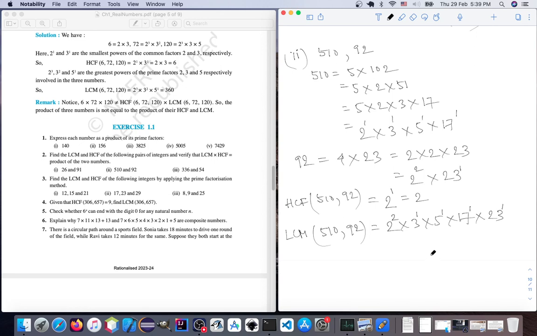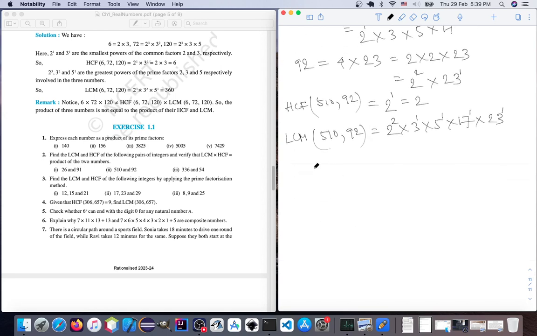So this is the LCM. Now it asks to verify whether HCF into LCM equals 510 into 92 or not. This implies, what do we have?